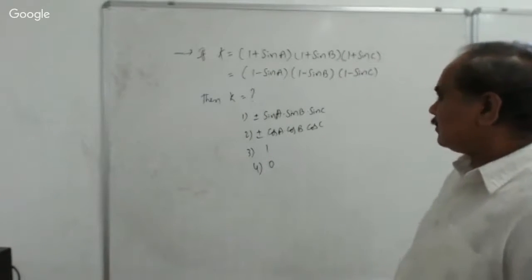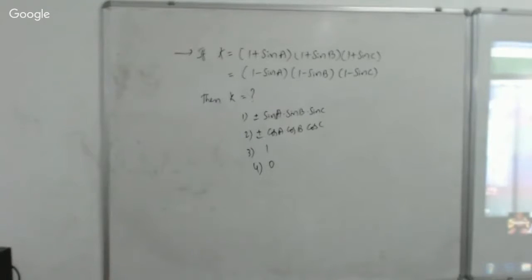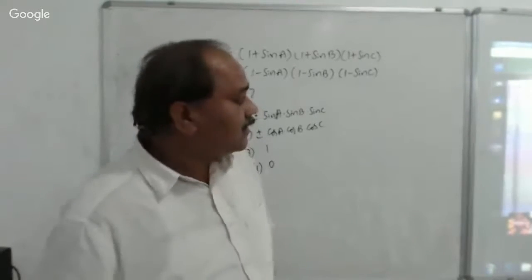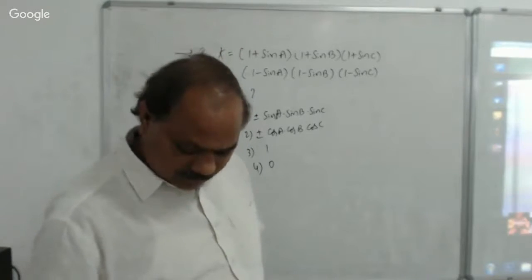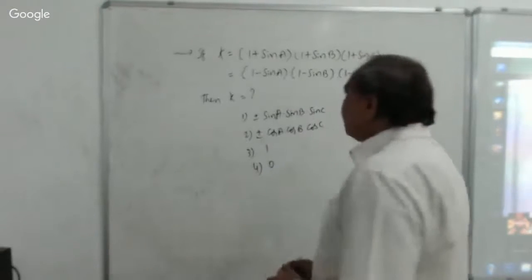Sir, we can't hear you. Answer is plus or minus cos A cos B cos C. I don't know, some guess. You're guessing? No, I solved. I got 1, I don't know how. Maybe I am wrong. Now is it clear?